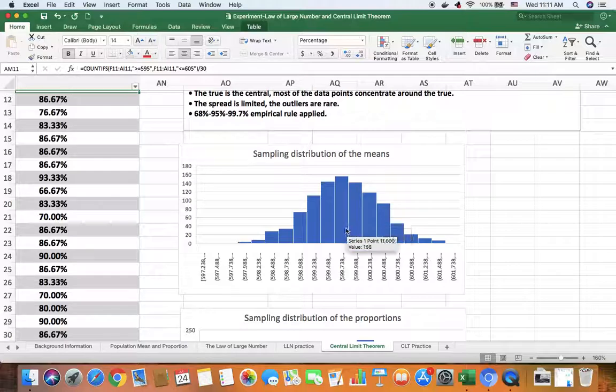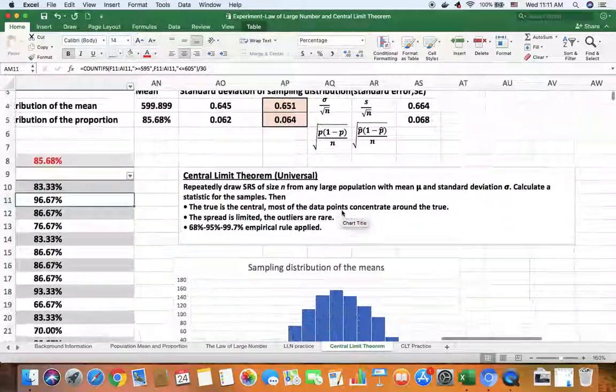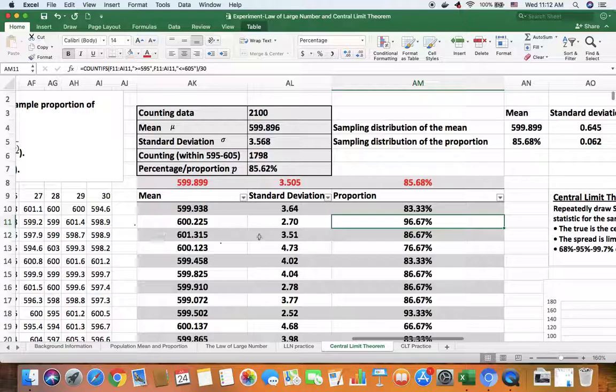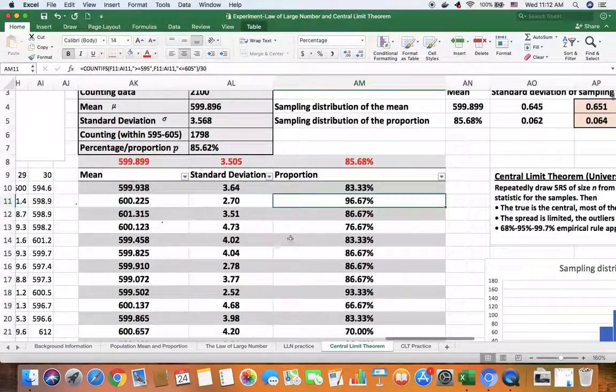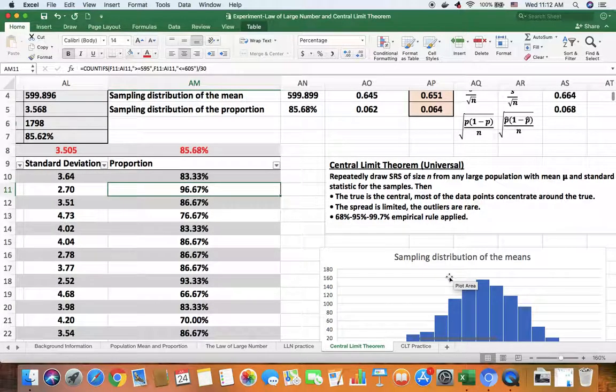All the graphs look bell-shaped. That means the sampling distributions of our statistics follow a normal distribution.